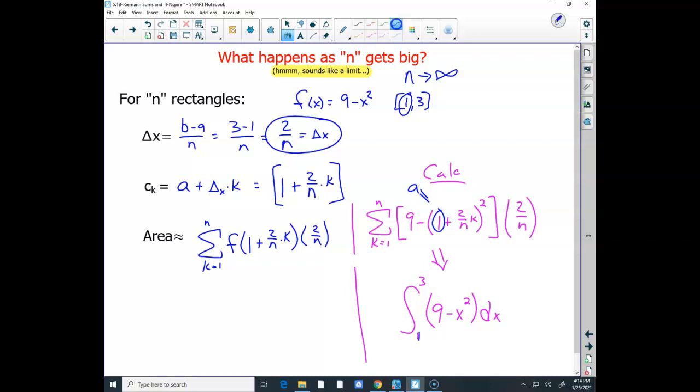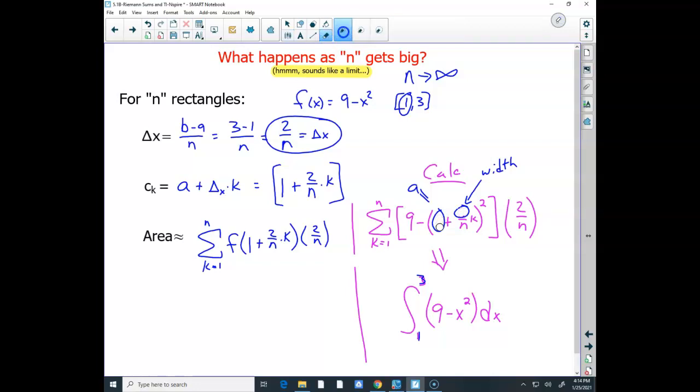So that's going to be my lower limit. And this is the overall width of my interval. So if I add 2 to 1, I get 3.